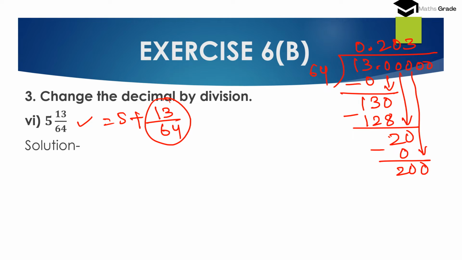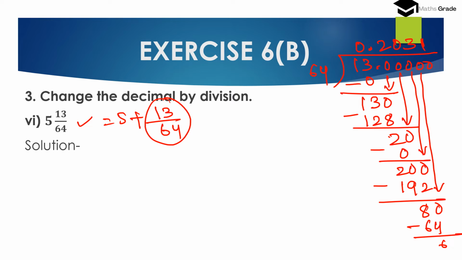3 6s are 18, 18 and 12, 192. Now 200 minus 192 is 8. Now write this 0 here. Now in the table of 64, if we multiply 64 with 1 it is 64. Now 80 minus 64 is 10 minus 4 is 6.